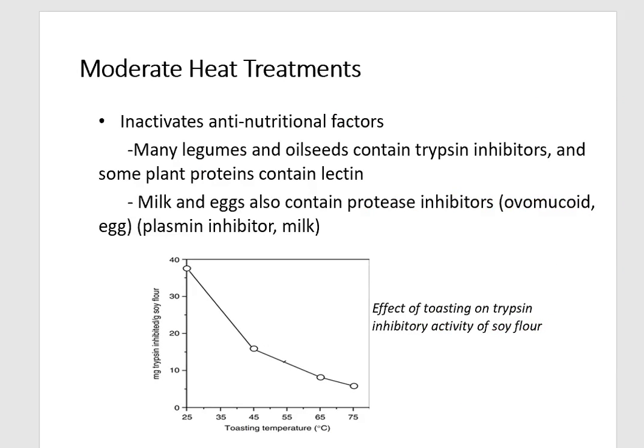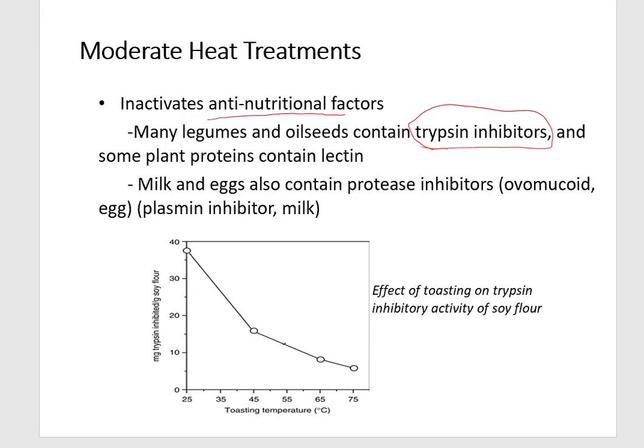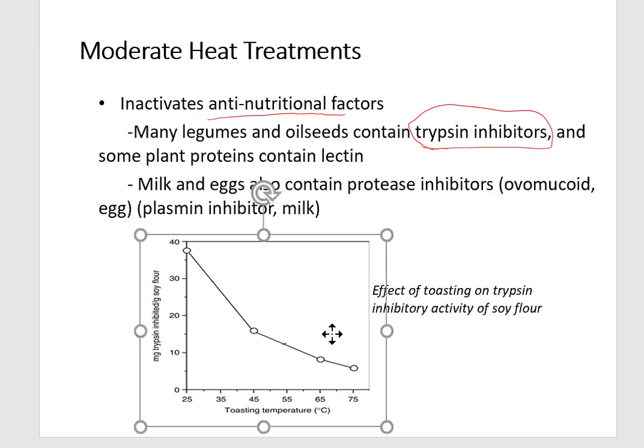Moderate heat treatments are useful to inactivate anti-nutritional factors. So what are these anti-nutritional factors? Many legume and oilseed proteins contain several trypsin inhibitors, an anti-nutritional factor. Okay, I'm going to write here.